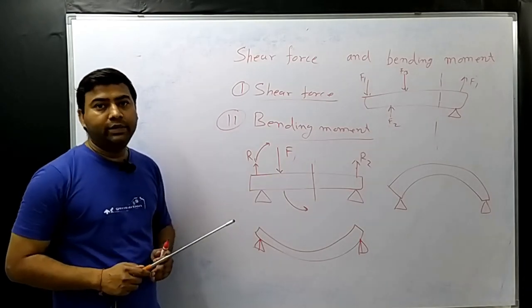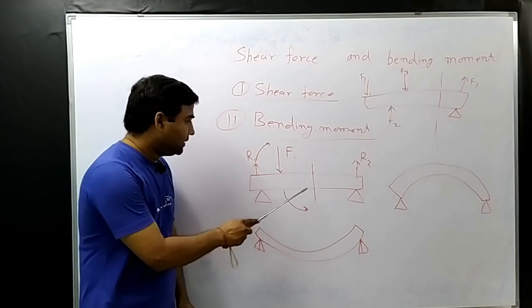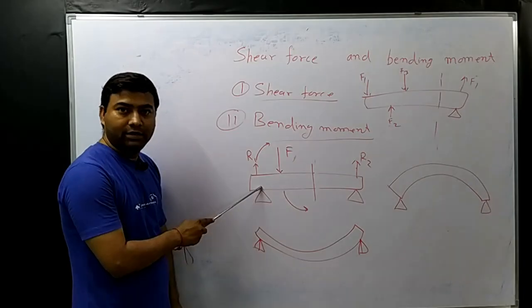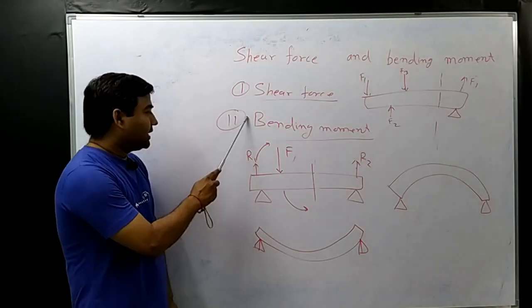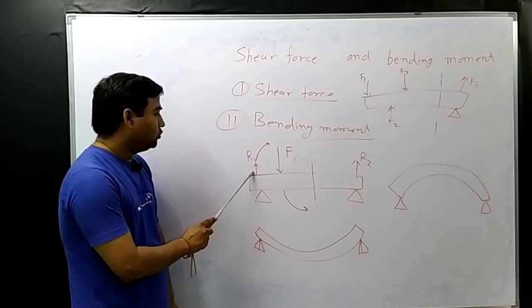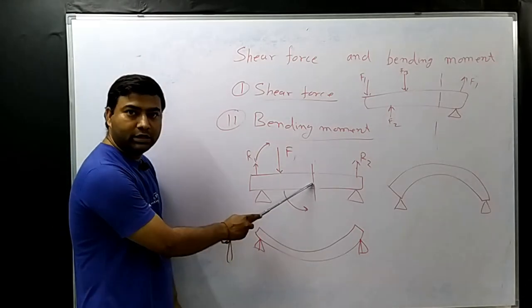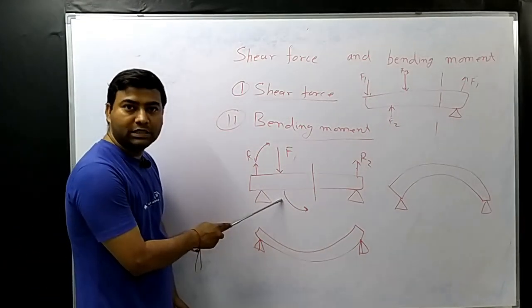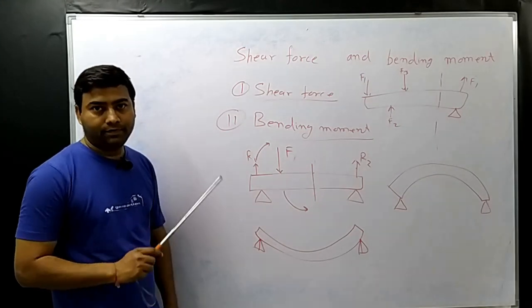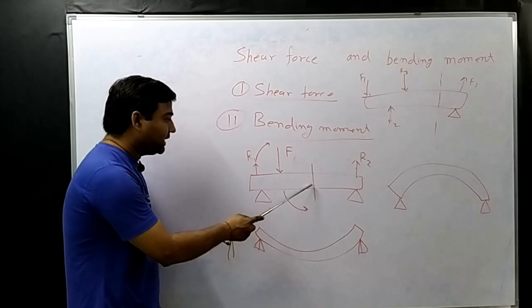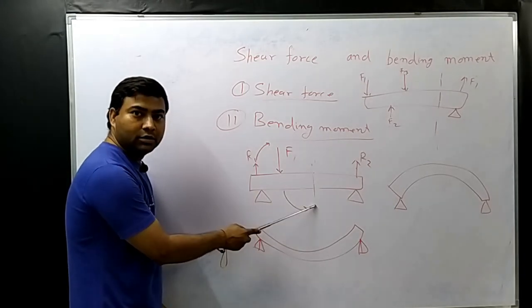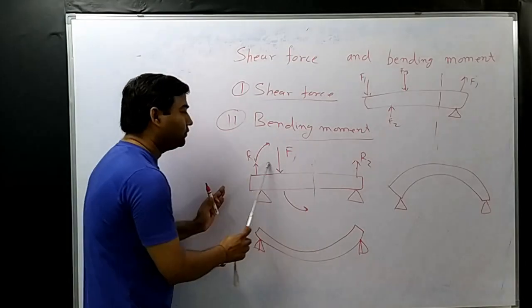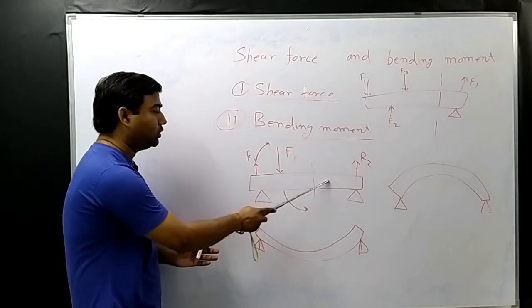There is a convention to represent the bending moment also. At a point, for the bending moment, we start from the left side, and the moment due to upward forces about this point is taken positive, and the moment due to downward forces about this point is taken negative. Again I am repeating, when you take bending moment about this point, we will only consider leftward forces, because if we consider total forces, then net moment will be 0 for any point.